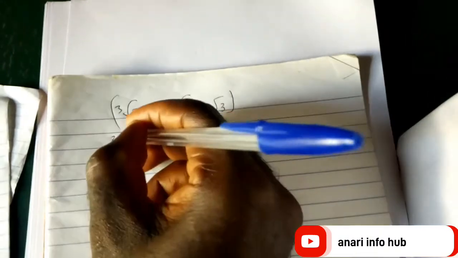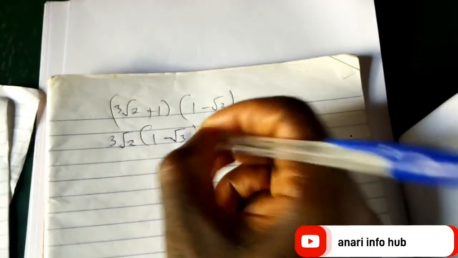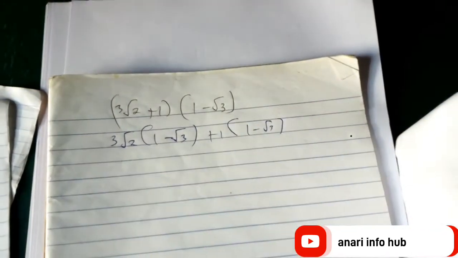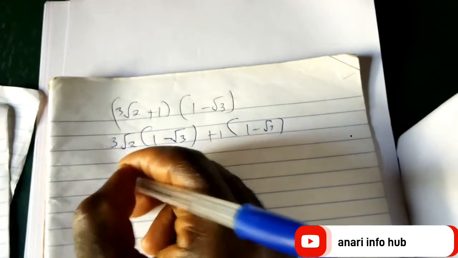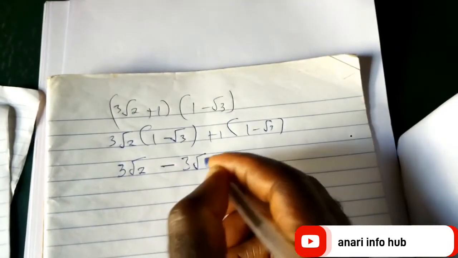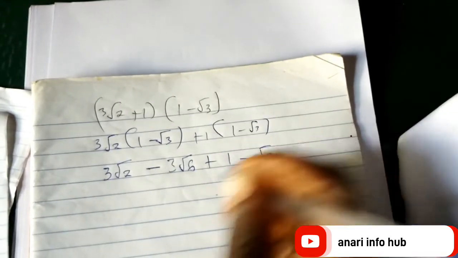We have 3√2 into (1 − √3), then plus 1 into (1 − √3). Now this times this will give me 3√2 minus √2 times √3 is √6, that is 3√6. Then plus 1 times this 1, then minus √3.